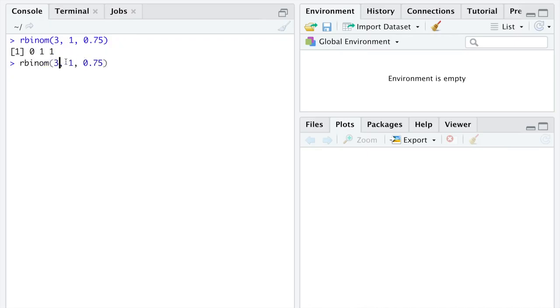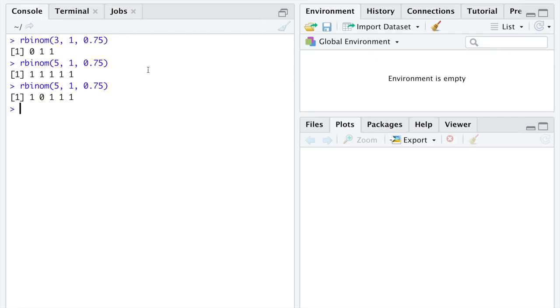Let's try imagining that I have 5 seeds now. Just by chance, because there's a high probability of success, all 5 seeds in this made-up example germinated. Let's go one more time just to show you that it's truly random. And this time 4 out of 5 seeds germinated.